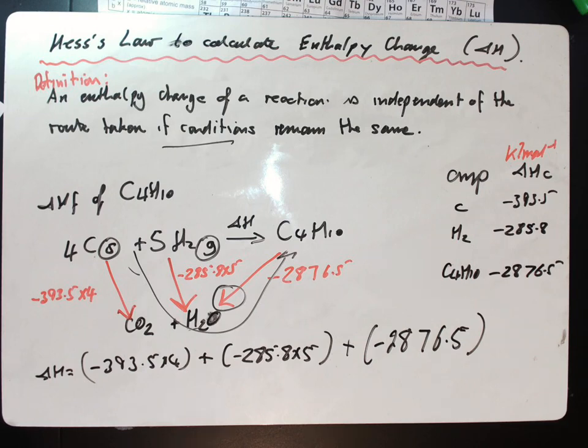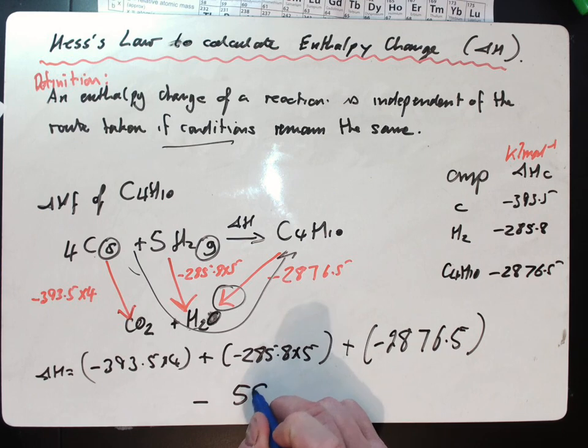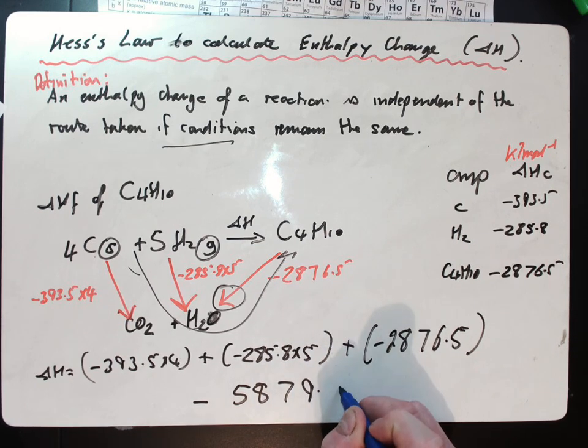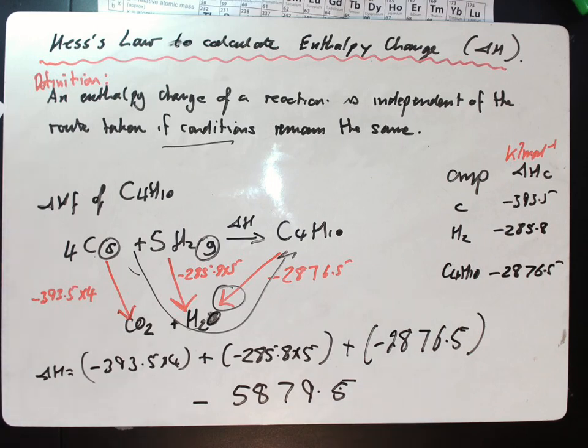So minus 393.4 plus 28... So I'm ending up with a value of minus 5879.5. Okay.